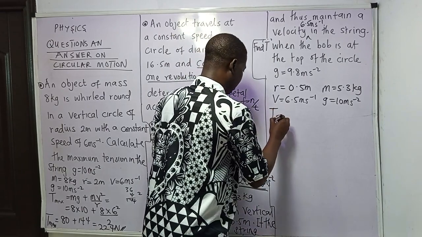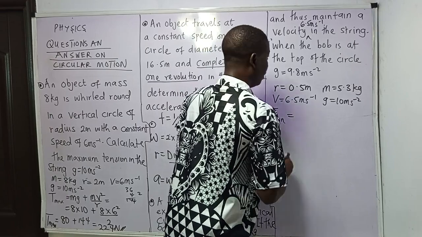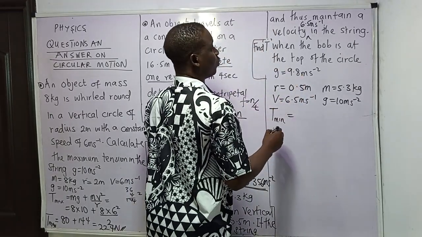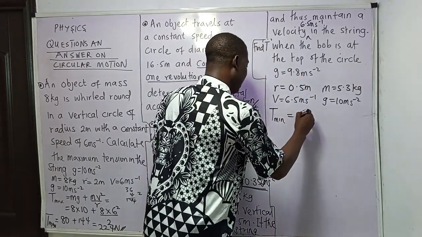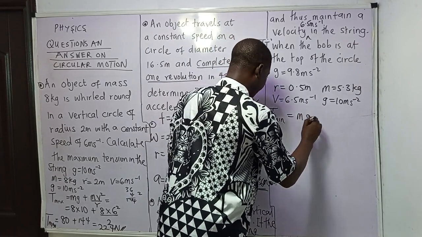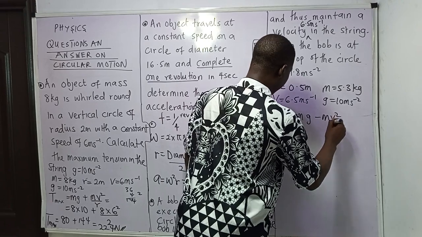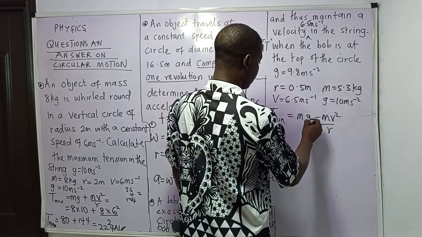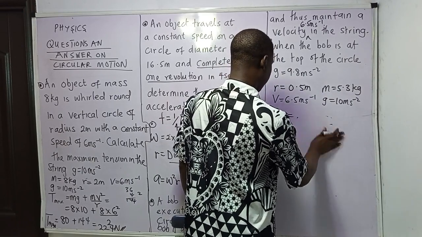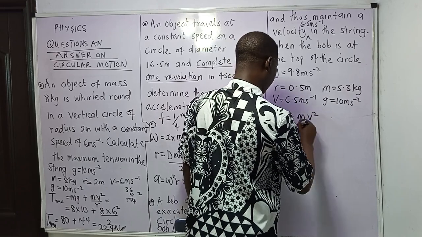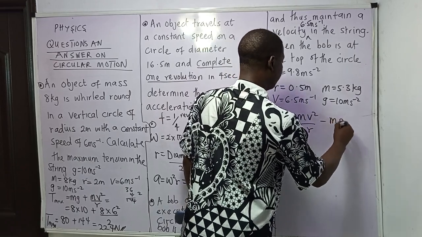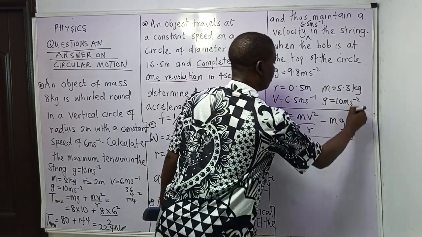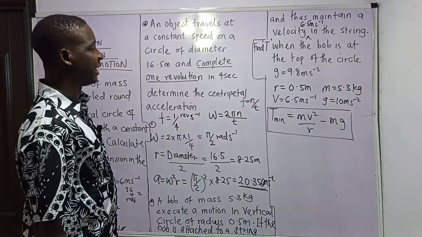So we are looking for the minimum tension. At the top, that is theta equal to 180, which is mg minus mv squared over r, then mv squared over r minus mg. This is what we call the minimum tension.